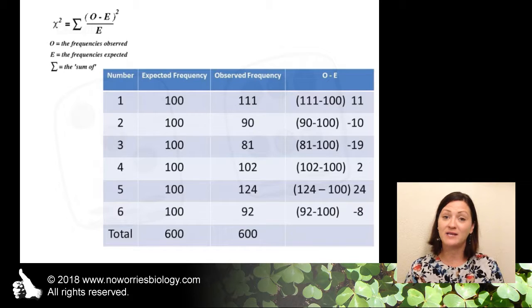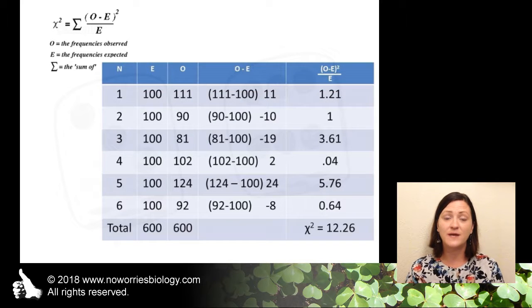We start by subtracting our expected frequency from our observed frequency for each number of eyes. 111 minus 100 equals 11, 90 minus 100 equals minus 10, and so on. Then we raise each of these results to the second power and divide it by the expected frequency.